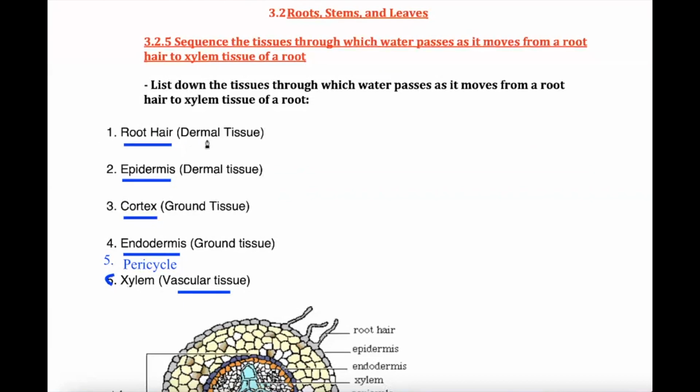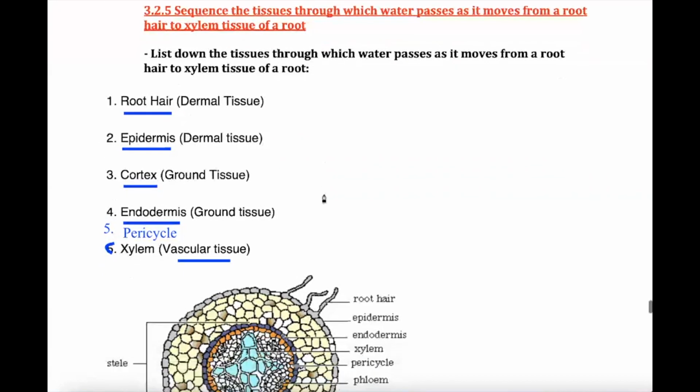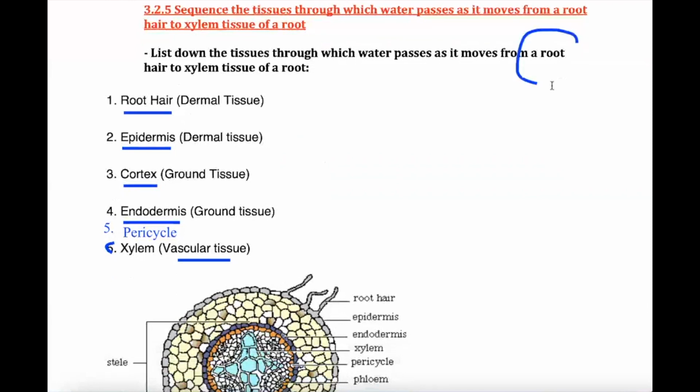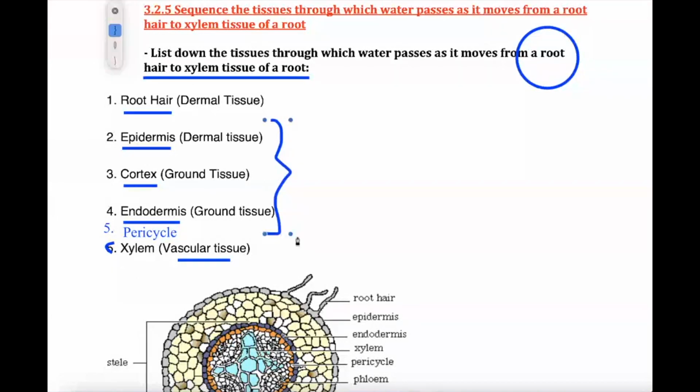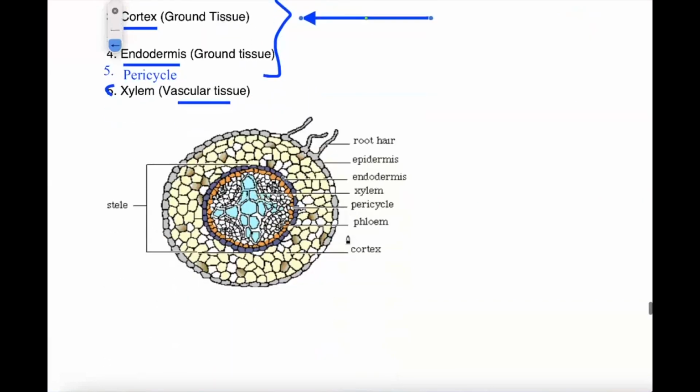Maybe you don't have the root hair here, because the question already says from root hair to the xylem. So you basically need to know all these 4, because the last one definitely will be xylem, and the first one 100% is going to be the root hair. So basically you need to know these in between.